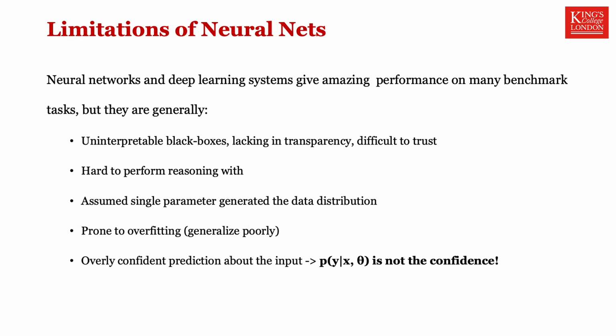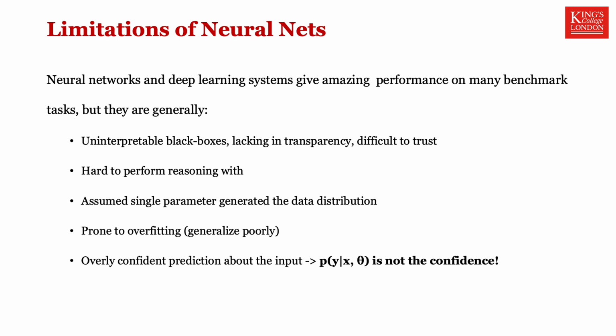This basically results in a series of limitations. Neural networks, and by extension deep learning systems, have quite amazing performance on many benchmark tasks, but because we're always calculating these point sample estimates, they tend to be uninterpretable black boxes.